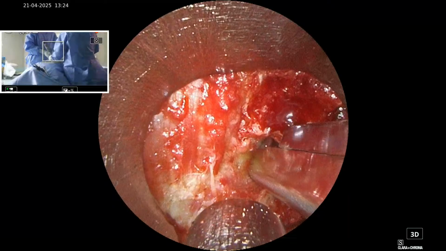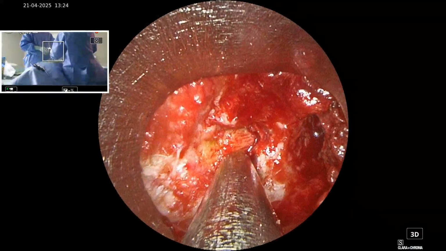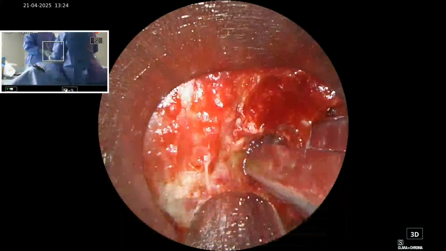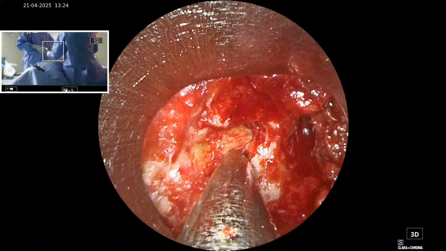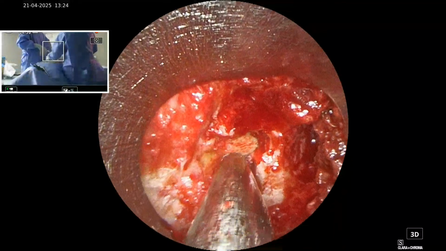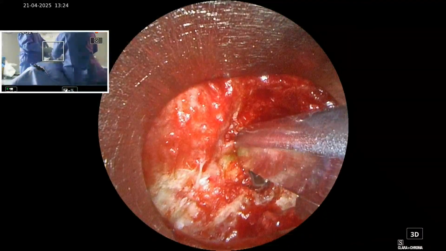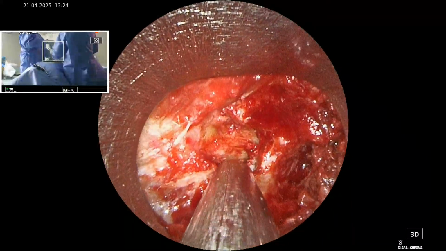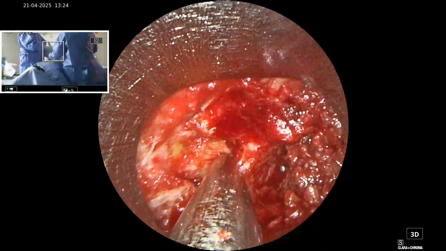So both the levels L4-L5, L5-S1, severe LCS, and now the L3-L4 LCS with the disc, L3-L4 bilateral decompression over the top, and we have removed the disc also from the right side, right approach.